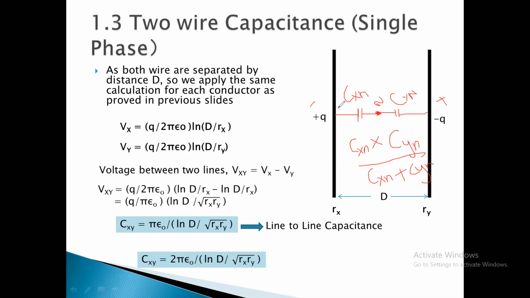This will be the total capacitance, right? You know the formula: C1 C2 divided by C1 plus C2 if they are connected in series, because it is opposite to the resistor.